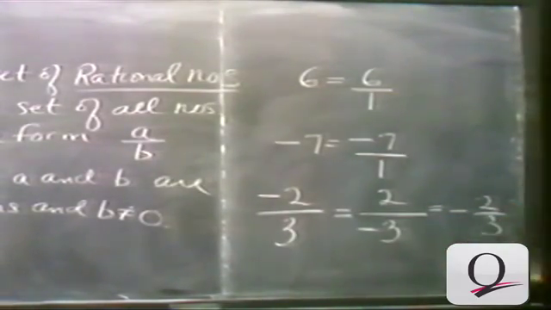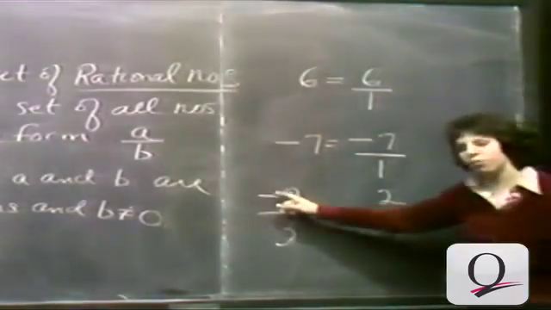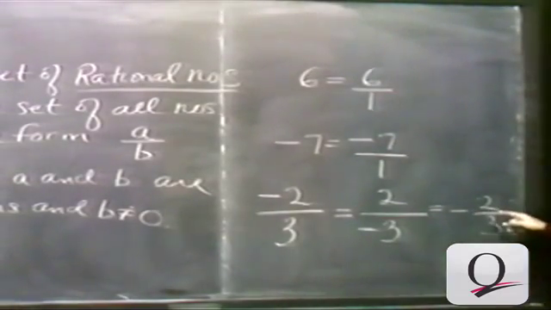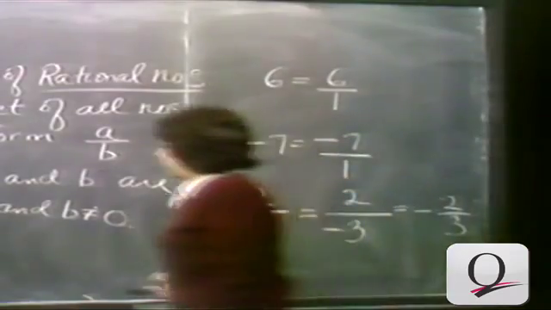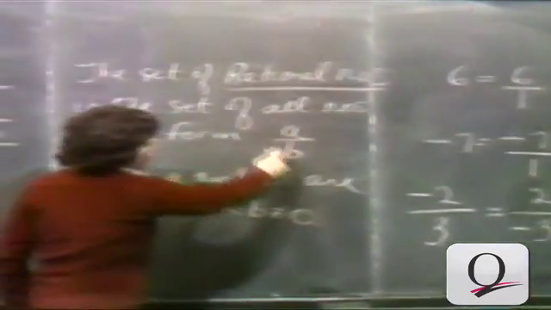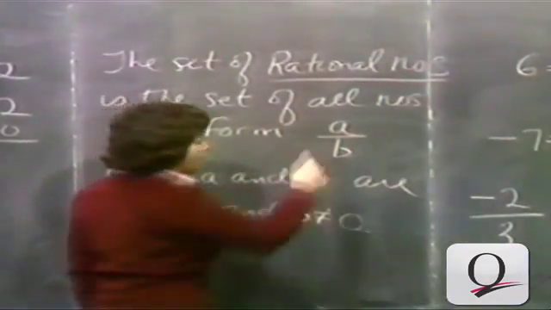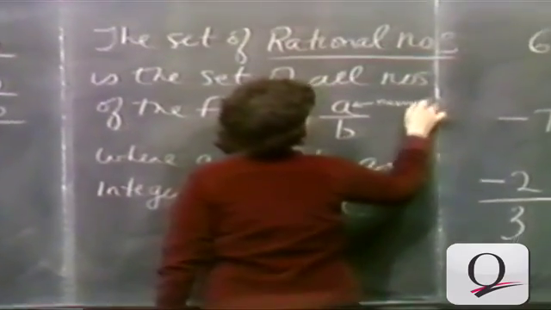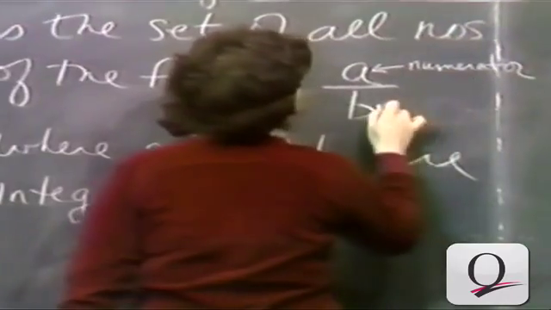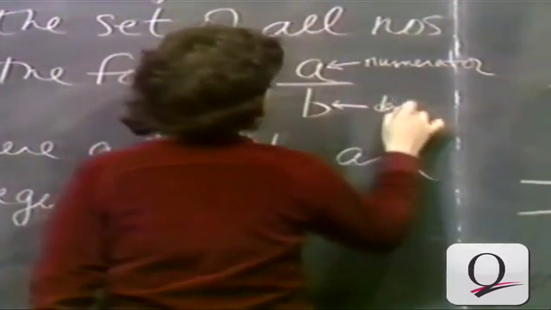It's your choice. Most people tend to either put it in the numerator or in front of the fraction. In our fractions, by the way, a over b, the top of the fraction is known as the numerator, and the bottom is known as the denominator.